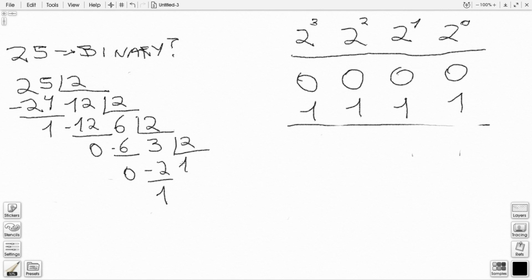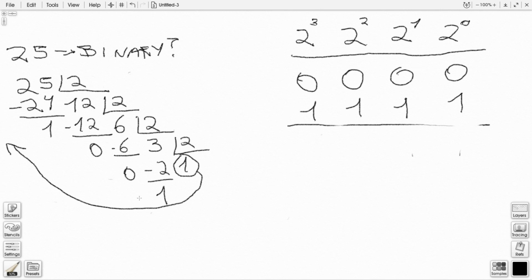Our result is now 1, which is smaller than 2. So now we're going to concatenate 1, 1, 0, 0, 1, going backwards like this.